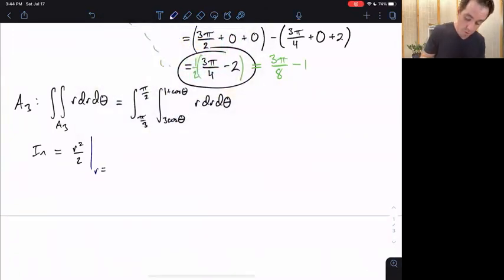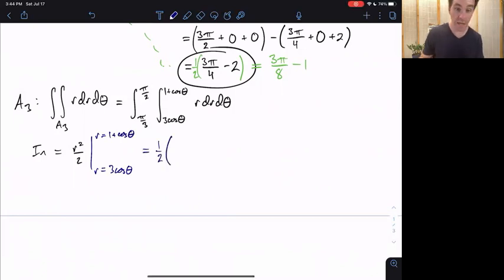R squared over 2, from R equals 3 cosine theta to R equals 1 plus cosine theta. This will be 1/2 times, I'm not forgetting this time, times R squared. This is 1 plus cosine theta squared.